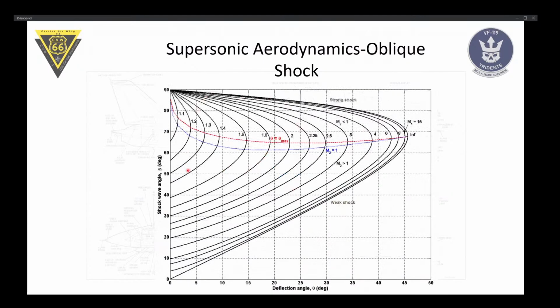This is a so-called beta-theta diagram, and it shows you for which configurations what shock angles are to be expected. Let's say we're flying Mach 1.8, this would be this isoline, and we have a deflection angle of 15 degrees, and we're going to get two shock wave angles. One is about 52, and the other one is 70 degrees.